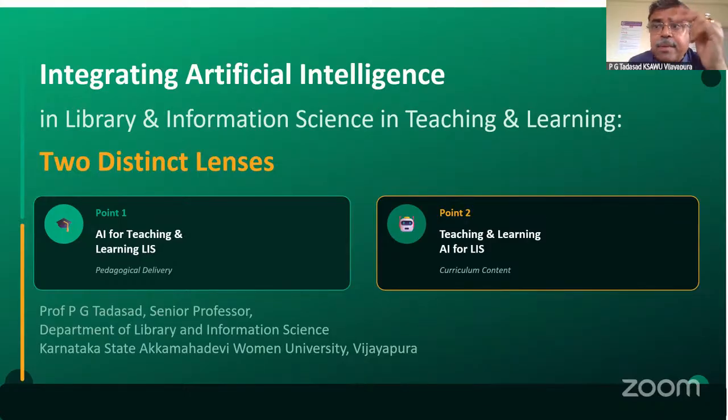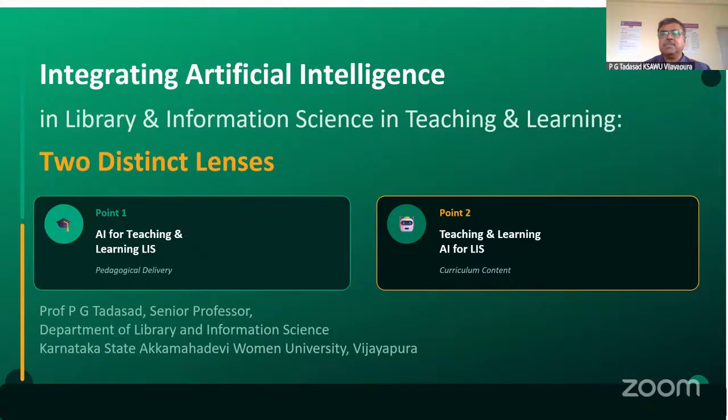The second lens: now AI is already there. In the morning, though we discussed collection development, we have also seen that AI has revolutionized the entire library operations, whether it is reference service, cataloging, classification, workflow management, or preservation and archiving. The entire area of library operations could be enhanced using artificial intelligence.